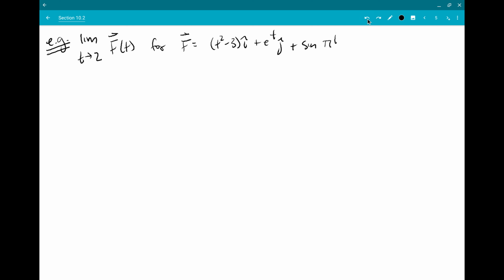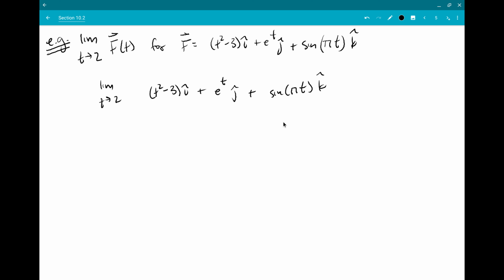Let me fix that, k hat. Okay, so what I want is the limit as t goes to 2 of t squared minus 3 i hat plus e to the t j hat plus sine of pi t k hat. And I need to do this component-wise.